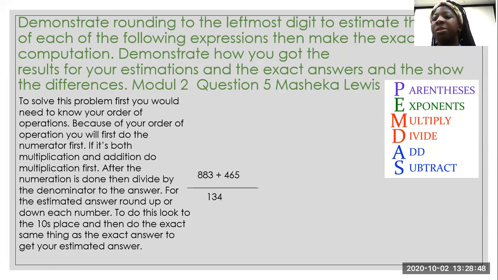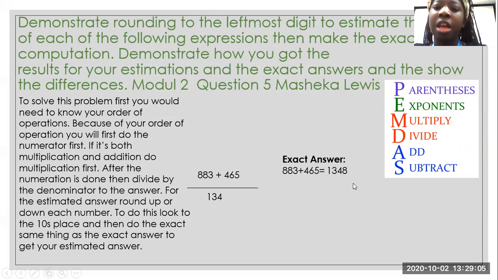So again, you do the order of operations. You don't see any parentheses or exponents or anything. You do have add, so you'll have to add this first because you have to add everything in the numerator first. And that'll give us 1,348.